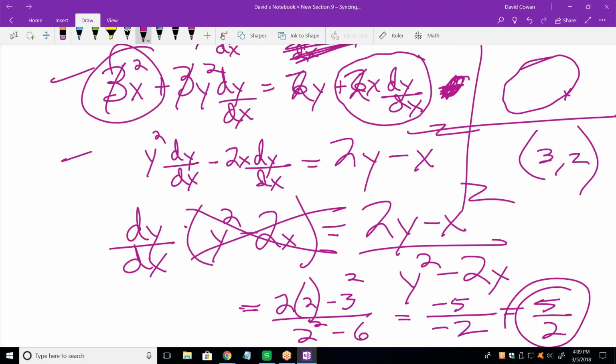Well, let's call that 3, 2. And we were able to calculate it using implicit differentiation and only implicit differentiation. And it came out to be 5/2. In other words, that's the slope right there at that point. And the fact that we needed an x and a y doesn't matter. You'll always be given an x and a y if you need both of them.